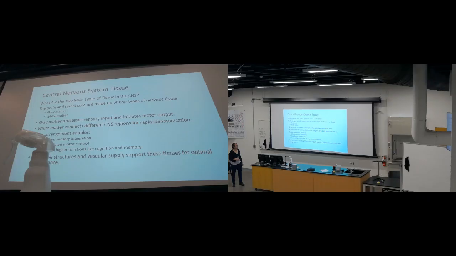So it will connect different regions of the CNS for rapid communication. Since we have only myelinated axons, you expect that the action potential in this white matter happens very quickly. It's like a highway.